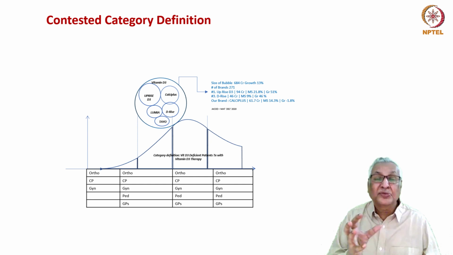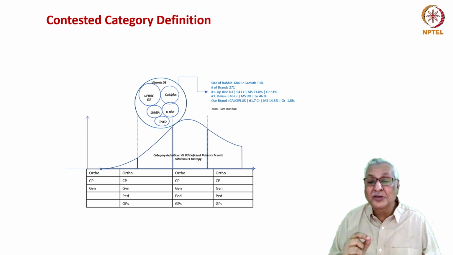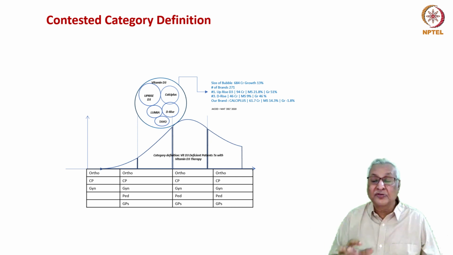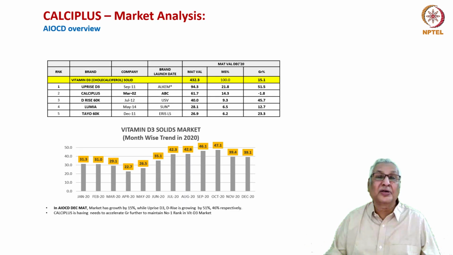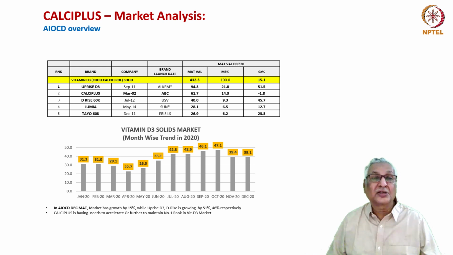You create a size of the bubble which is trying to capture these multiple segments. And in this category definition is vitamin D3 patients with vitamin D3 therapy, and you define the bubble in which you will be operating, and then you understand the market and month-wise trend.